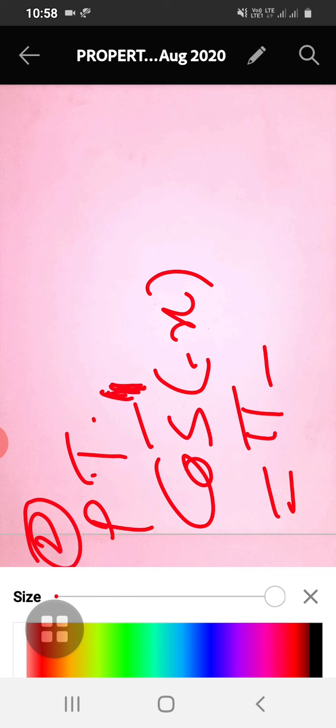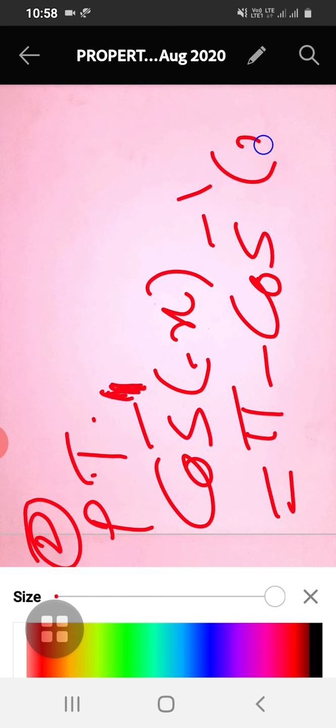We have to write the question correctly. Prove that cos inverse of minus x is equal to pi minus cos inverse x. You write this property clearly.